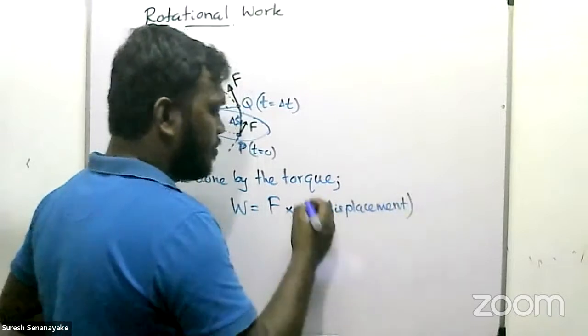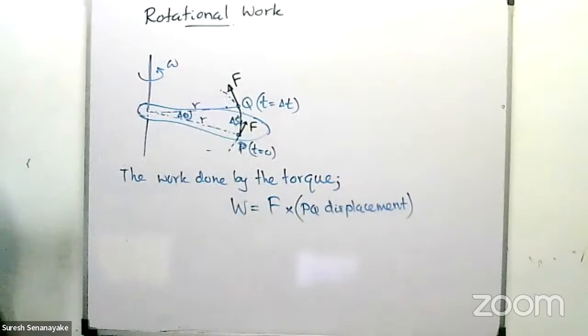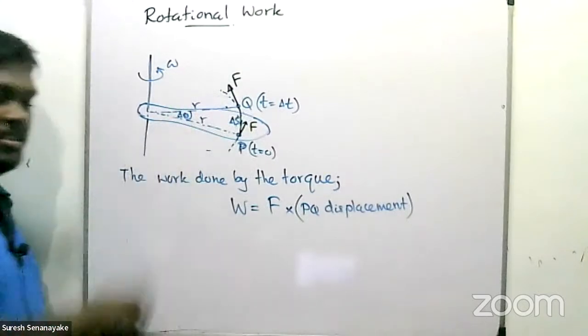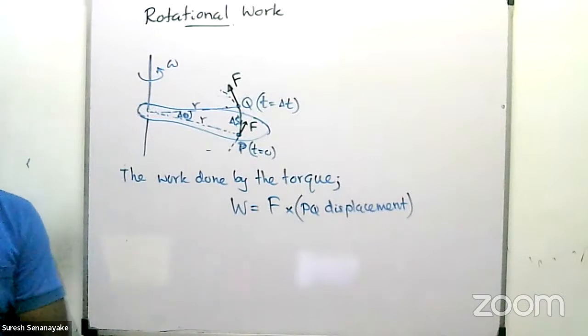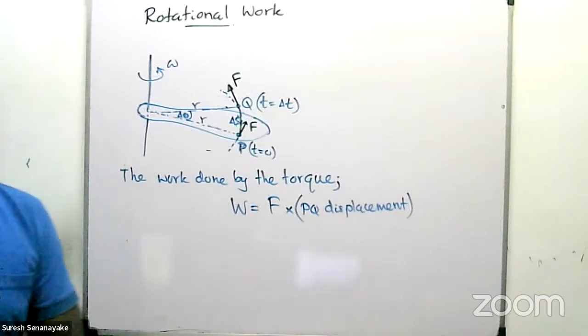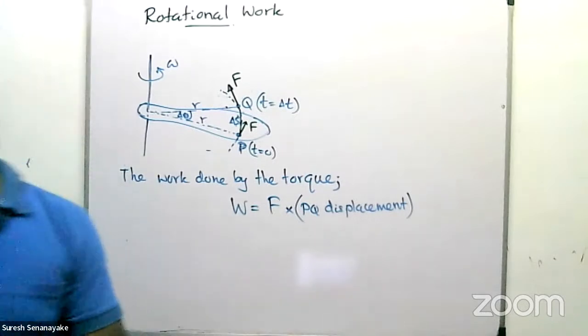So we're considering a small change because for a small change, it's linear. We can consider this path is linear. If not, it is curved, so displacement and distance are a little different. That's why for a small change we consider this and then write it for all.